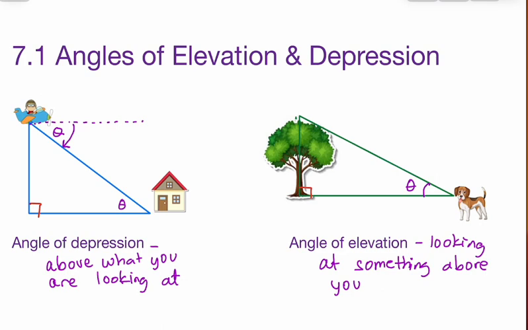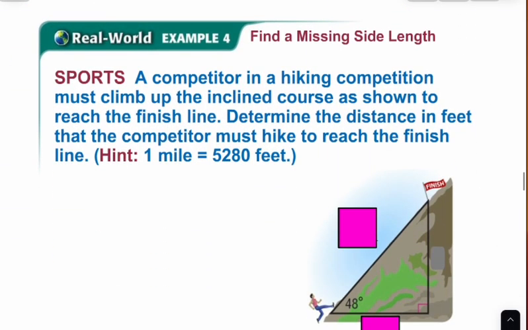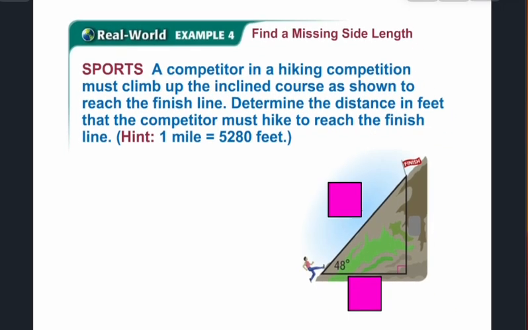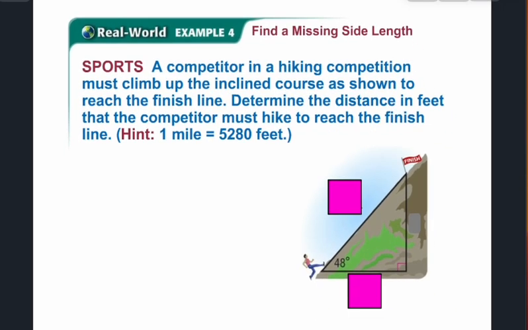Now, that being said, let's go ahead and look at the example that we left off in the 7-1 notes yesterday. So if you look, I'm talking about this example, okay? It says that a competitor in a hiking competition must climb up the inclined course as shown to reach the finish line.